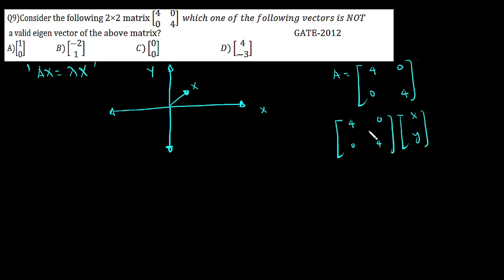If I am multiplying this matrix with this vector, then in the output I am getting another vector, which again has 2 entries. But this vector may be rotated by some arbitrary angle after multiplication and scaled to a different magnitude. So first let me replace this x and y with an arbitrary value. Let's say I have entry 1 here and 1 here as well. So here I am getting 4, and here 4 also.